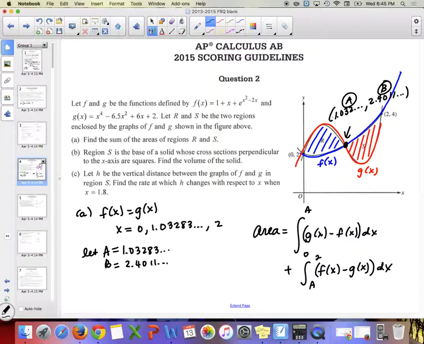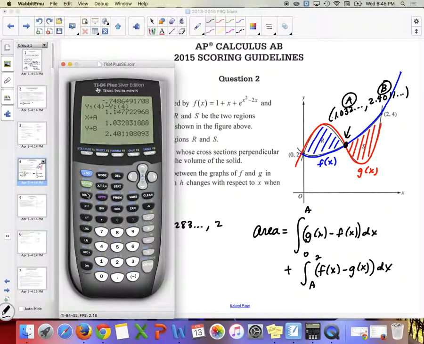I put this into my calculator, and I do math 9. I need my y vars, so vars, y vars function, I believe it was y2 first, minus vars, y vars function, y1. And my x goes from 0 to A, and I can get that answer.